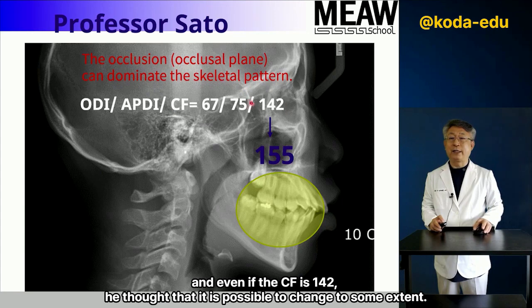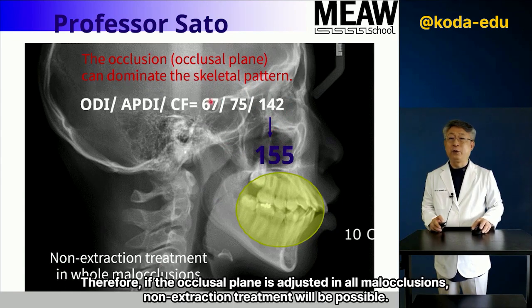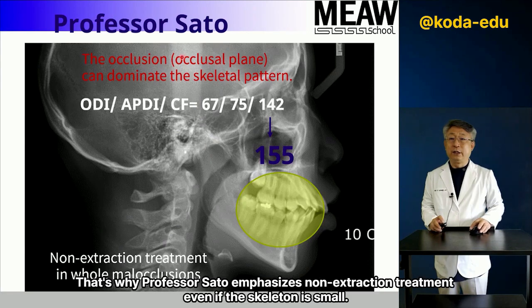And even if the CF is 142, he thought that it is possible to change to some extent. Therefore, if the occlusal plane is adjusted in all molar occlusions, non-extraction treatment will be possible. That's why Professor Sato emphasizes non-extraction treatment even if the skeleton is small.